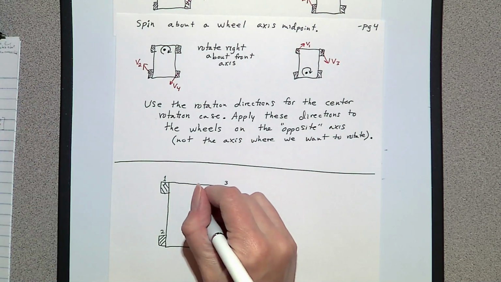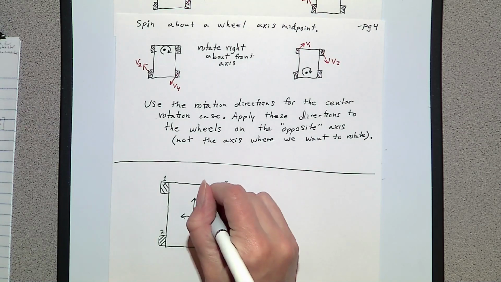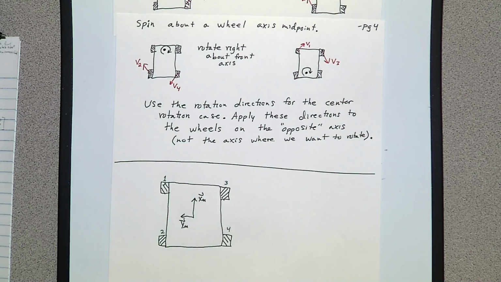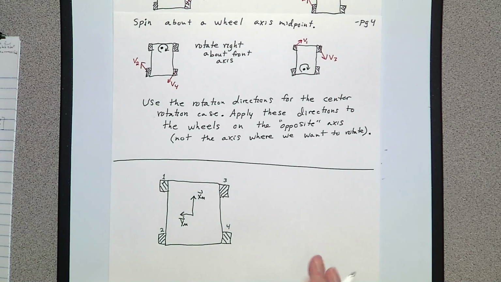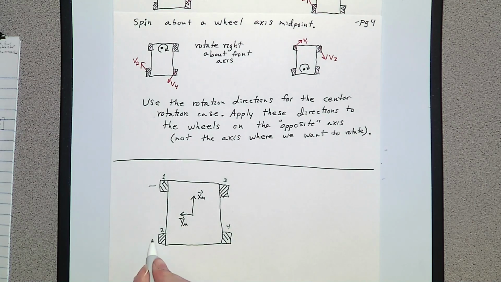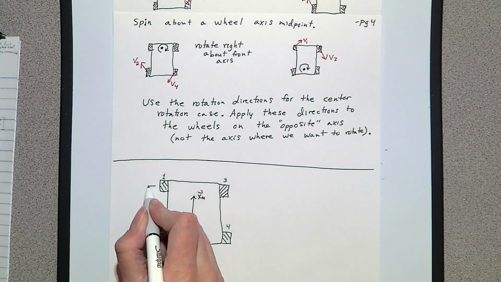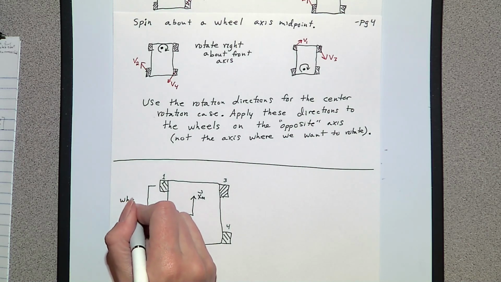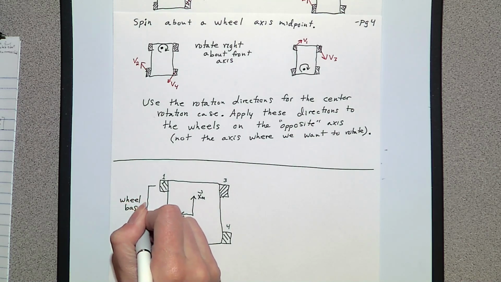We have our local coordinate frame for the robot. And just some terminology: the distance from this wheel axis to this wheel axis is considered the wheelbase.